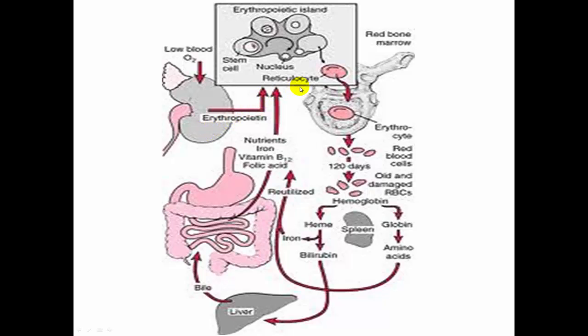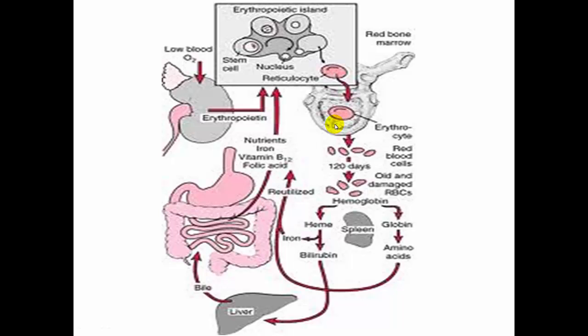So where does that production occur? Well, the production of cells that belong in the hematologic system, such as red blood cells, white blood cells, and platelets, occurs in the bone marrow. But erythropoietin's function is to stimulate red blood cell production, while all blood cell production occurs in the bone marrow.